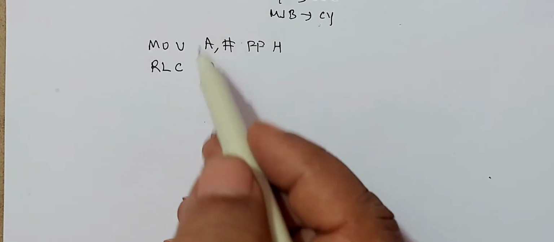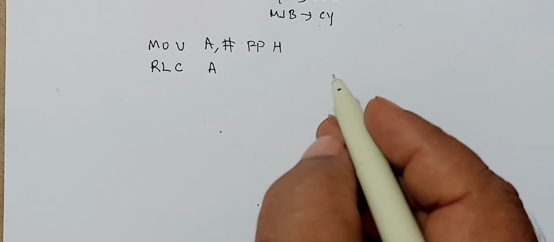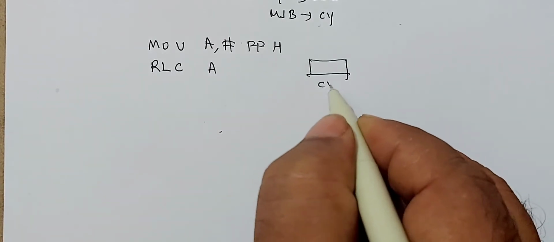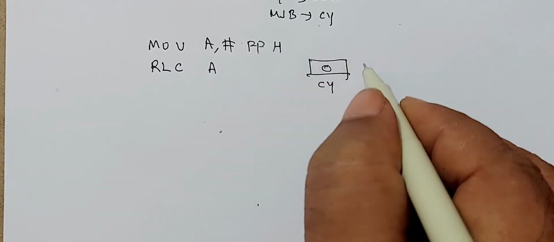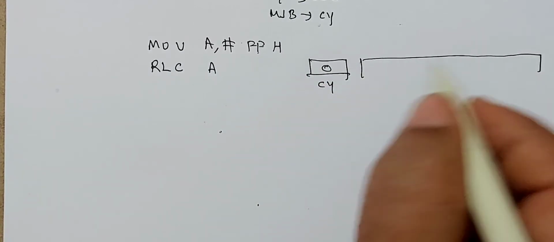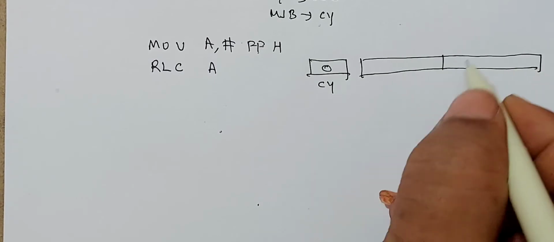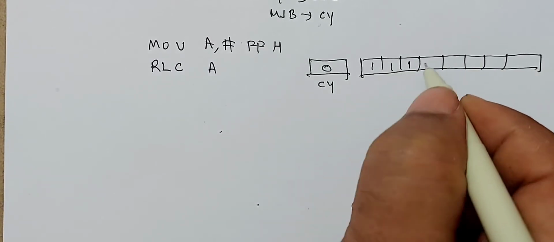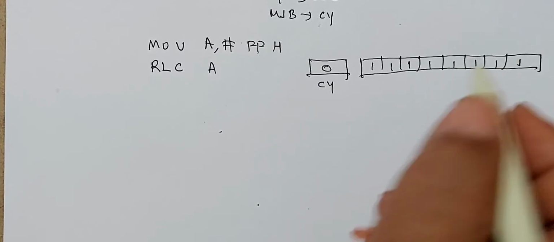Here, in the previous instruction carry is not given, therefore assume that carry is 0. First the carry flag is 0. FF means all 8 bits are 1: 1, 1, 1, 1, 1, 1, 1, 1.